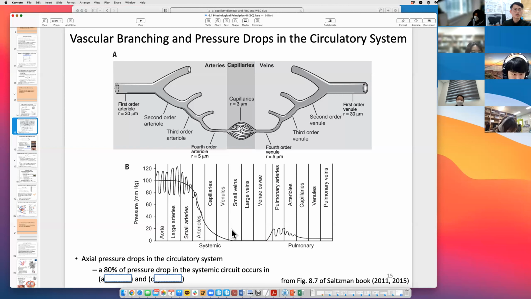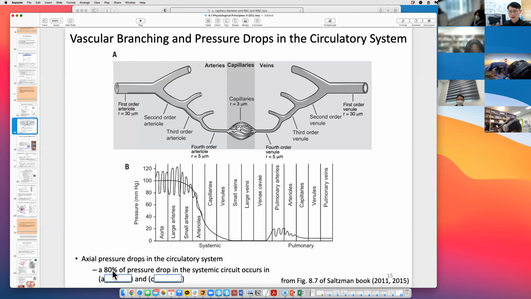So where does the majority of the pressure drop happen? Look at this graph, the pressure, especially in the artery, is like 80 to 120. This is what we call the normal pressure range, okay? And it gets down to very, very low in the veins.